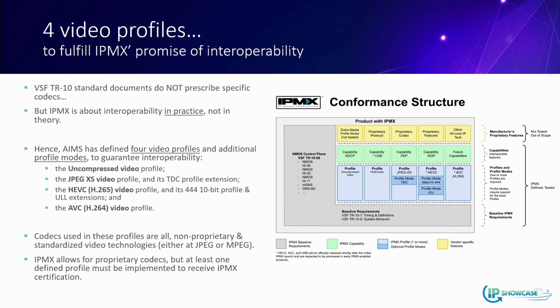And so based on this report, AIMS has really defined 4 video profiles that really target the different use cases that IPMX aims at solving. And so you've got first the uncompressed video profile, which is based on 2110-20, which is very common. Then the JPEG XS video profile, the HEVC video profile, and the AVC video profile.